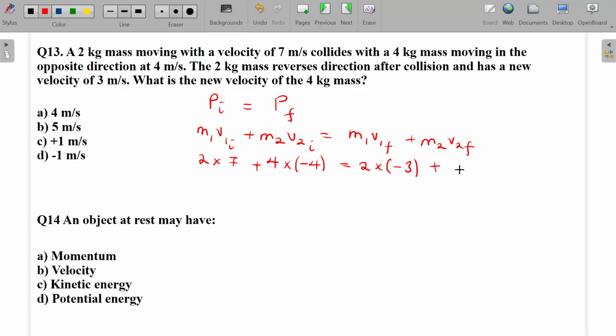So plus m2, which is 4 times the v2 final. As a result, 2 times 7 will be 14, then plus negative 16, which equals negative 2. That equals negative 6 plus 4 v2f.